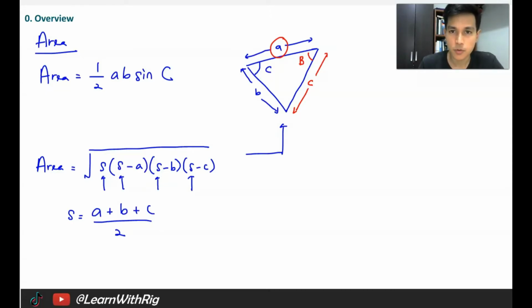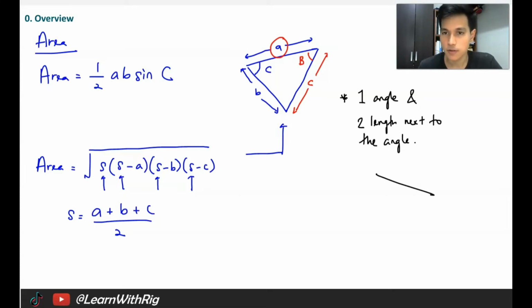The first formula you use when you have one angle and two lengths next to the angle. So if you got a triangle here, if you're using this angle, you must have these two lengths.